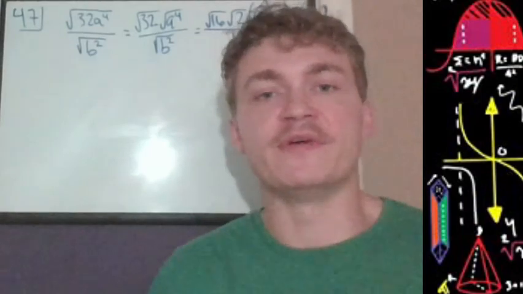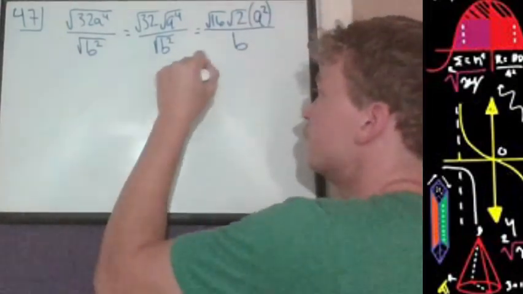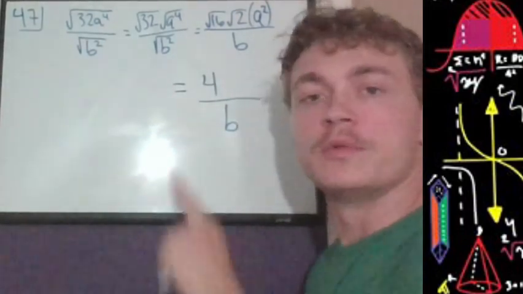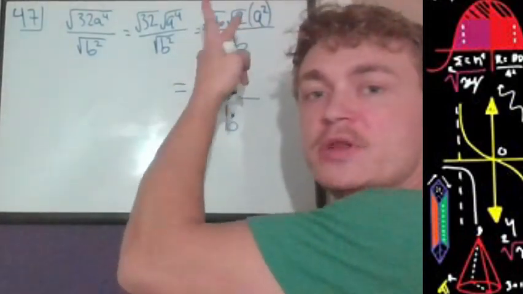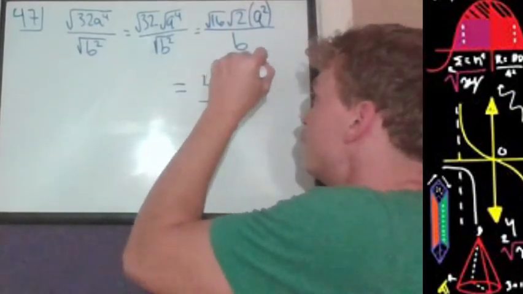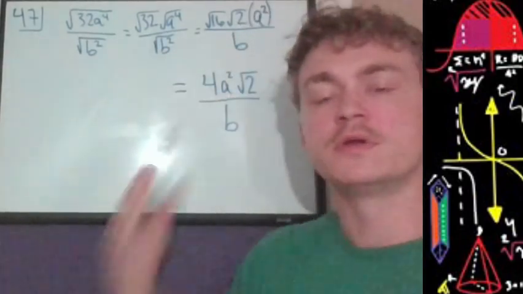For our numerator, we evaluate the square root of 16 to give us 4. Taking the a squared and commuting it with the square root of 2. For radical expressions, we typically move the radical to the right.